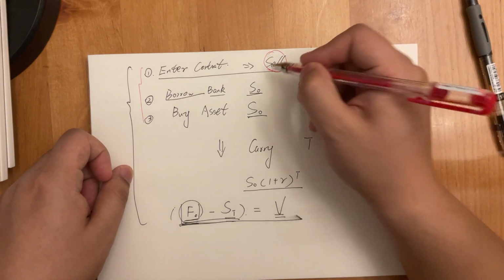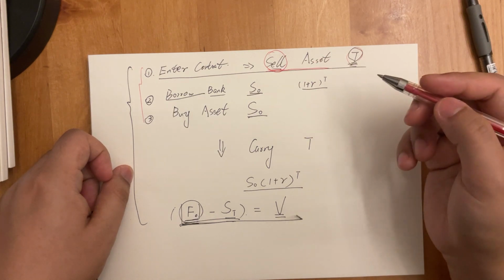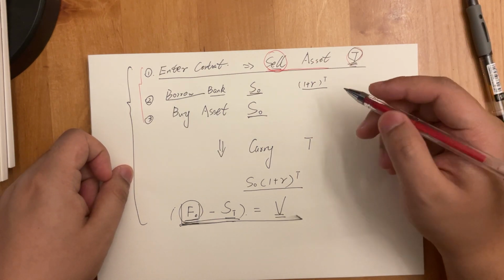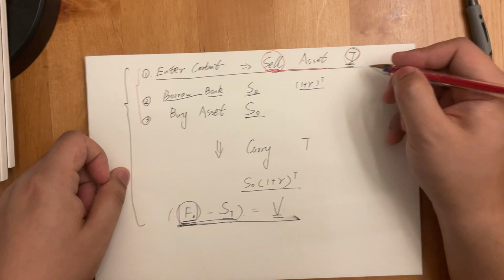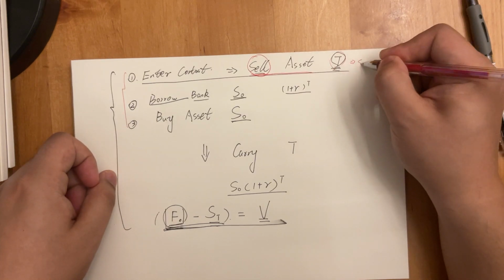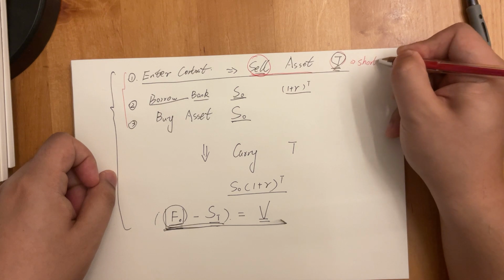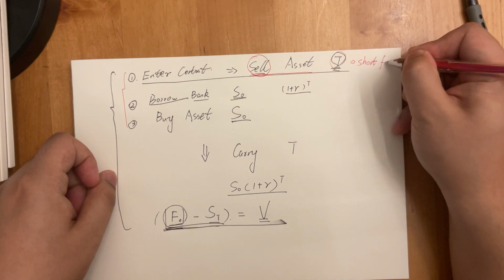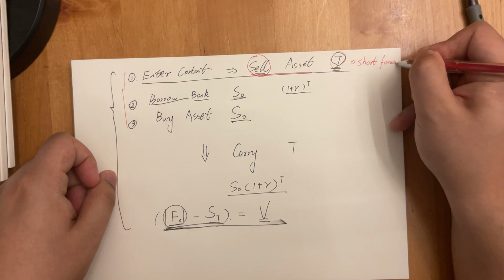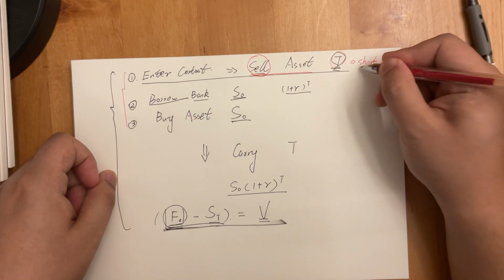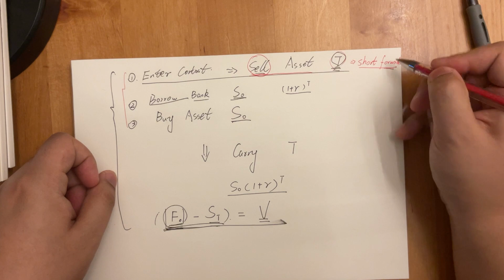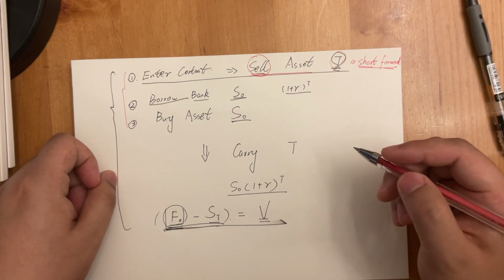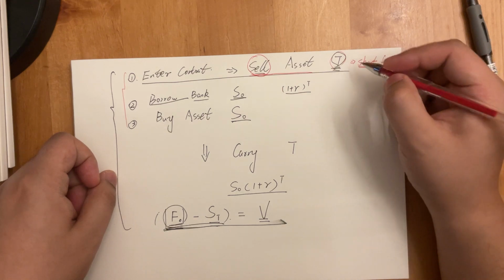If you sell, it's just short. And since it's not short right now, it's short in the future, we can treat this as a short position, and that will be short forward. As simple as that. It's a forward contract and you're going to short. Very simple. And let's continue.